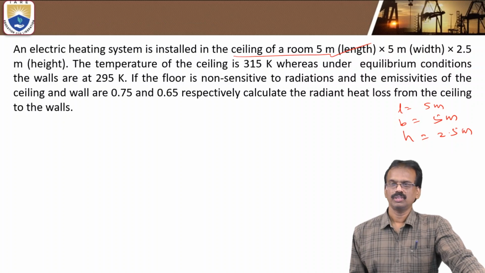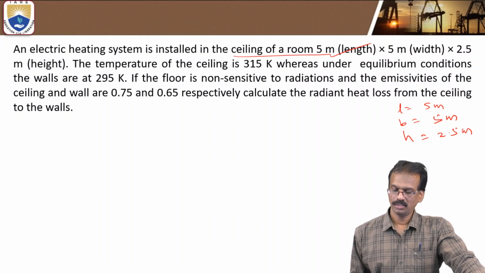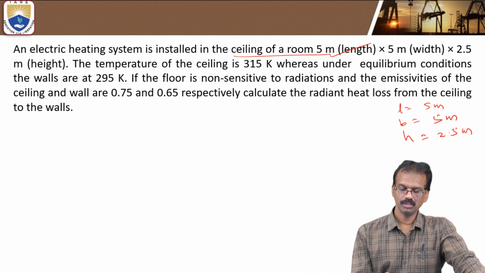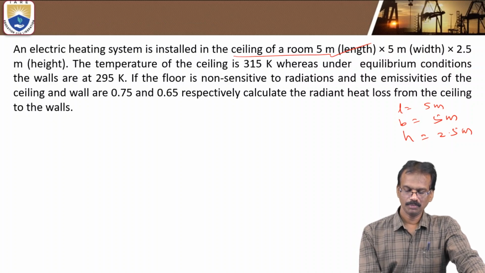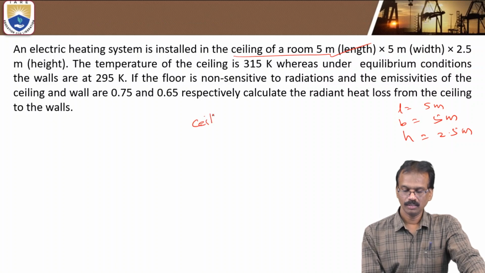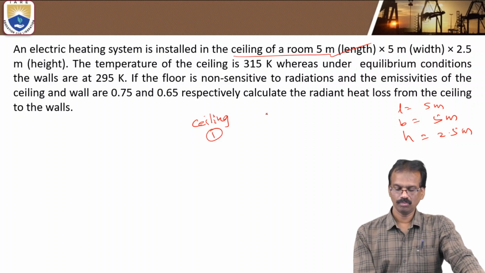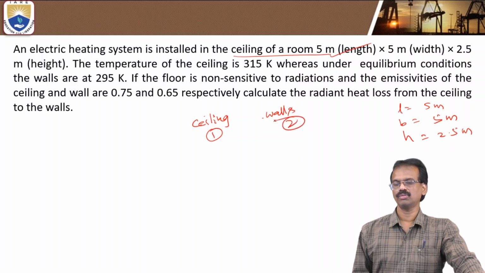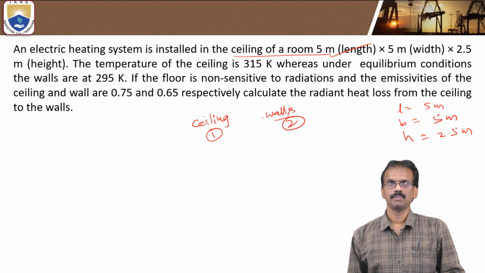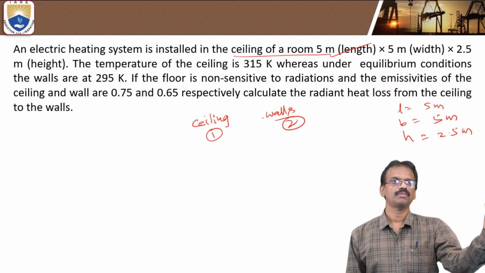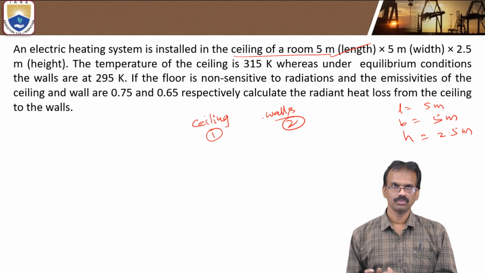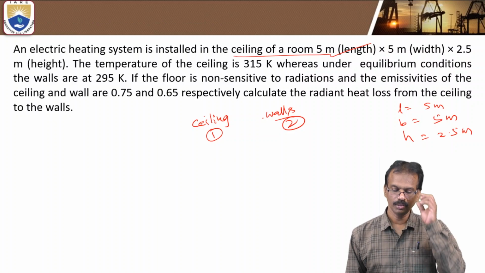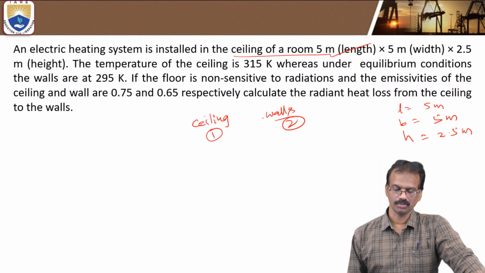The temperature of the ceiling is also given. So we can construct this: the ceiling is surface 1, and the room walls are surface 2. Heat transfer takes place from the ceiling to the surrounding room walls. So there are 4 walls, and 4 into the wall areas we have to construct.